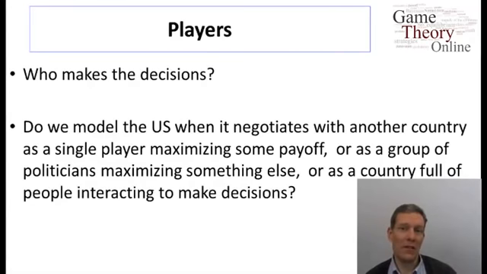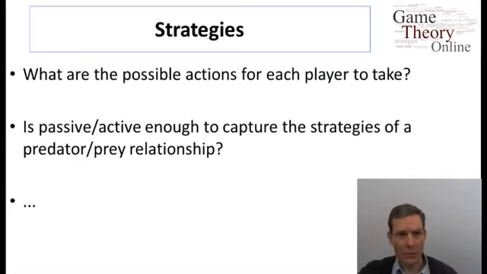Or is the United States actually a group of politicians who might have their own agendas? Or is a country a population of people who interact in a very complicated way to make decisions? Depending on how detailed you want the model to be, you might represent the players very differently. So there's a lot embedded in who we think the players are in the game, and generally we'll start with some set of players as an accepted starting point.